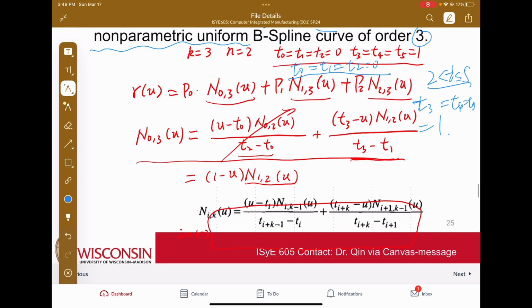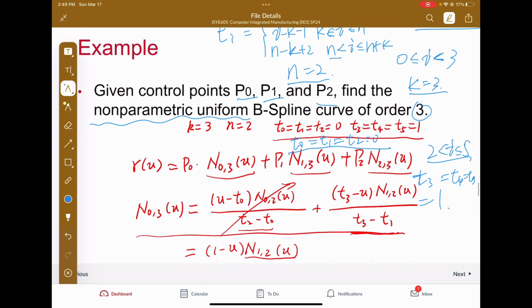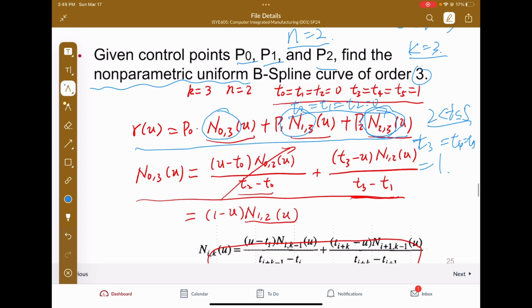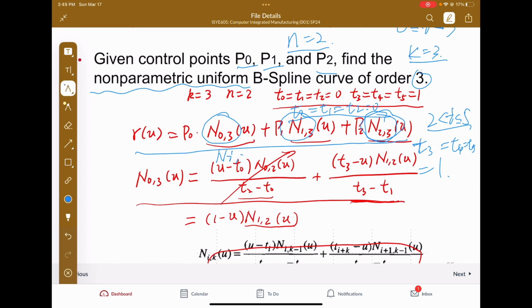And go back to the equation. You have 0, 3, 1, 3, 2, 3, and you need to use Ni2 to represent this. You need Ni1 to represent this, right?